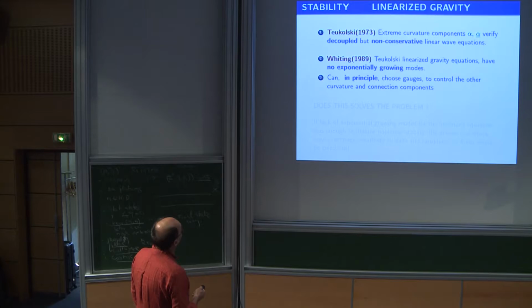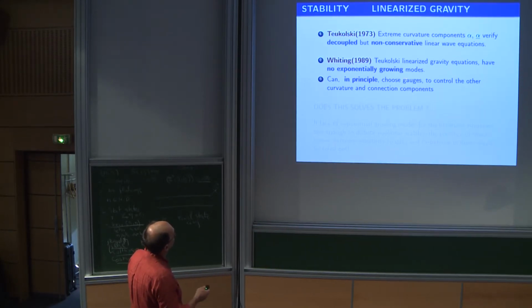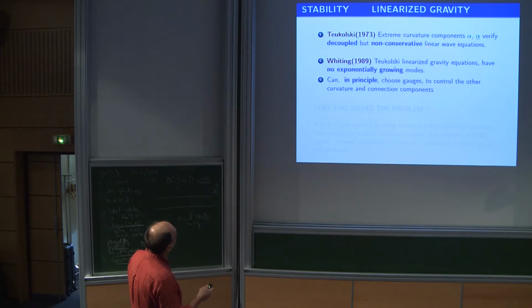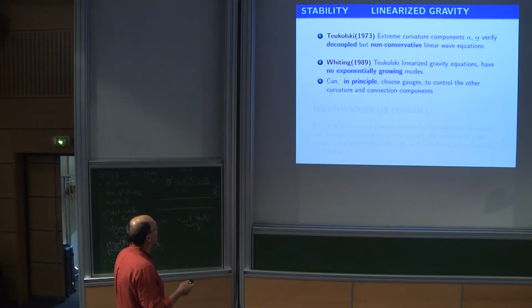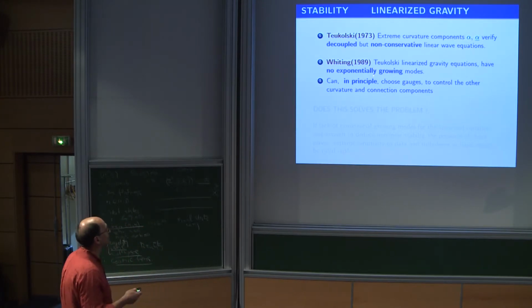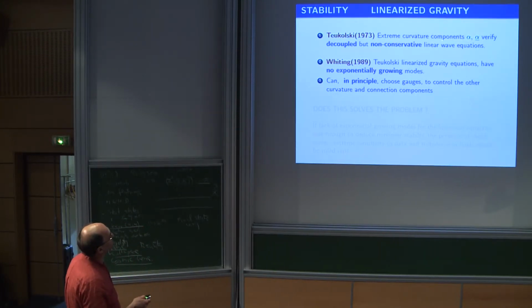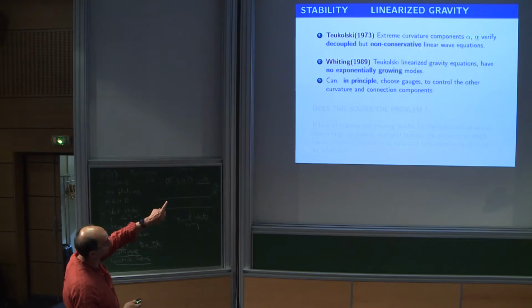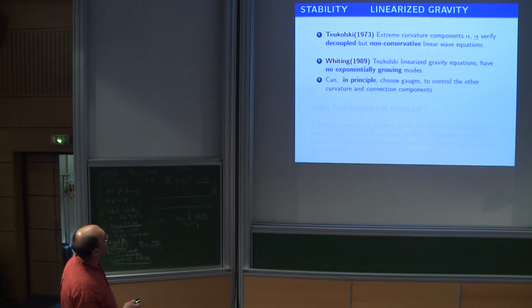Now, however, physicists were very excited. They immediately declared victory. Teukolsky, maybe other people were more reasonable, but you read a lot in the physical literature that somehow this solves the problem of stability completely, even though this is just at the level of linear stability, right?